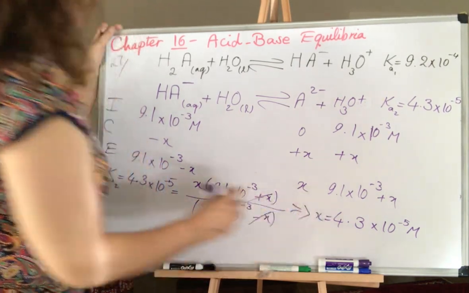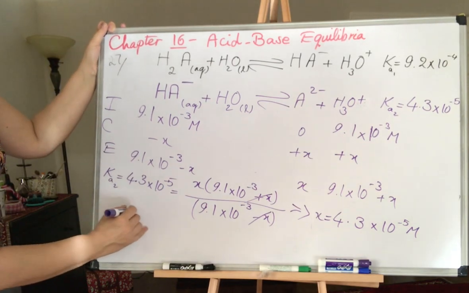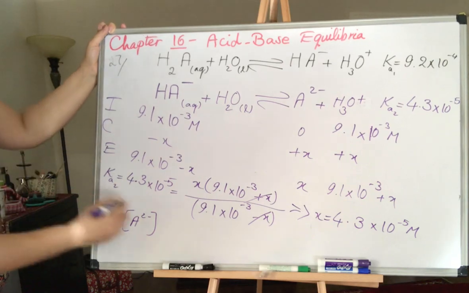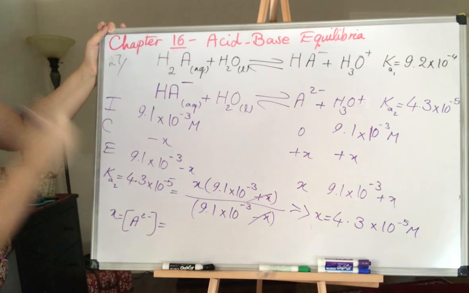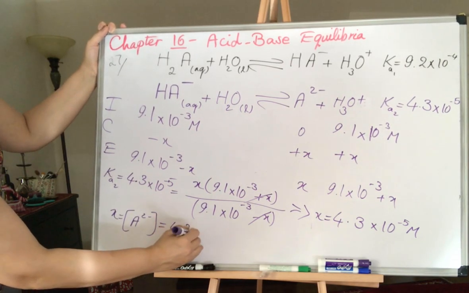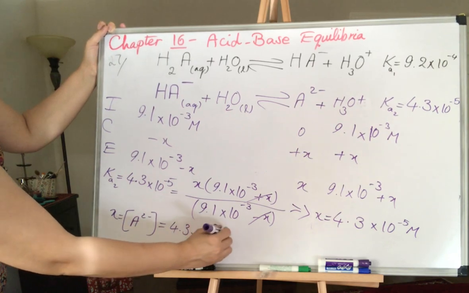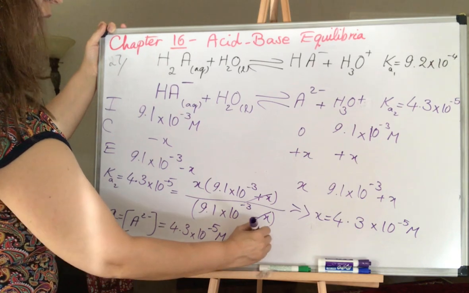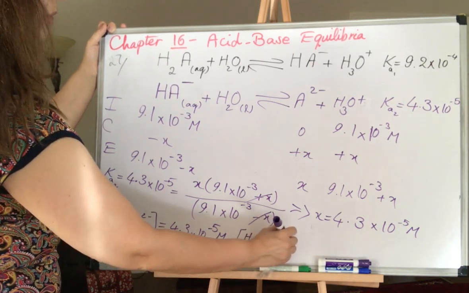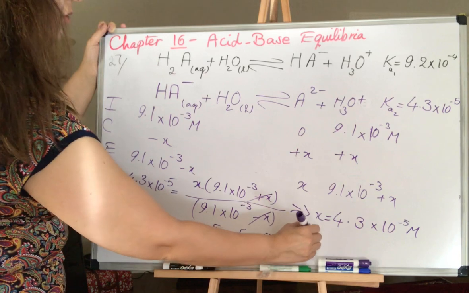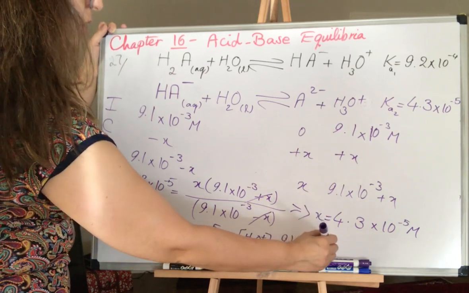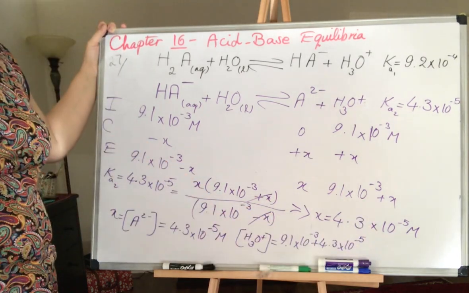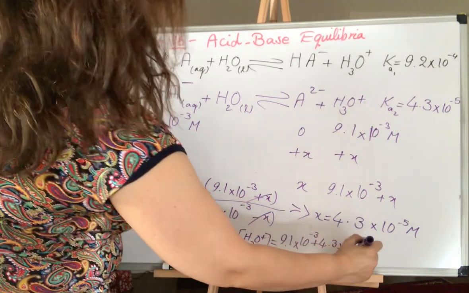What was X? X was the value of the anion that you were asked for. It's 4.3 times 10 to negative 5 molar. The value for H3O is going to be 9.1 times 10 to negative 3 plus 4.3 times 10 to negative 5, which is almost the same.